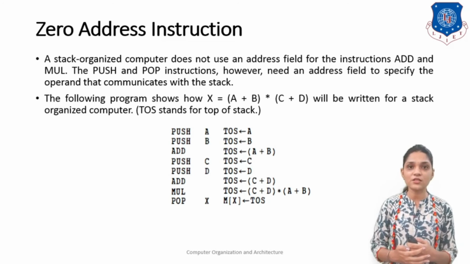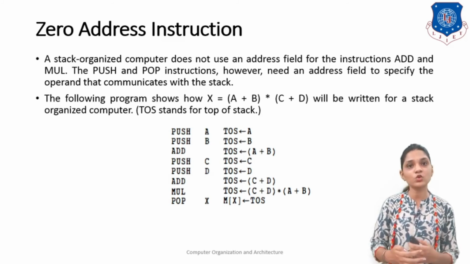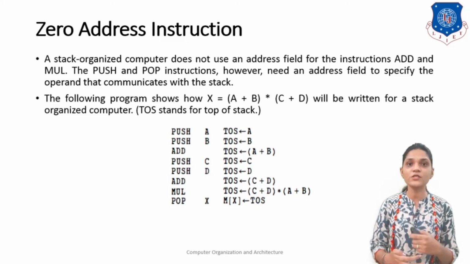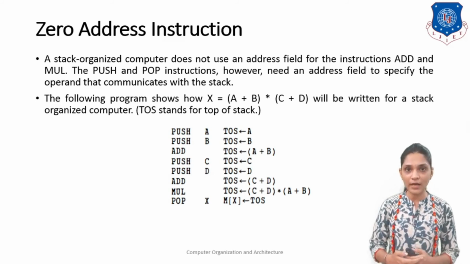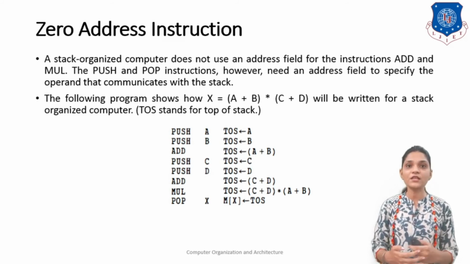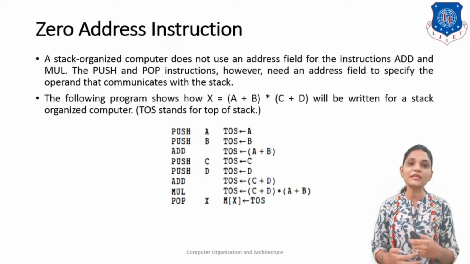Then we will use the instructions PUSH C and PUSH D to store the contents of locations C and D on the stack, and then we will use the ADD instruction to add the contents of C and D. That will be stored at the top of the stack, and then we will use the MUL instruction to do the multiplication operation on the top of the stack.